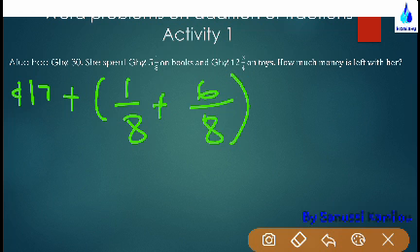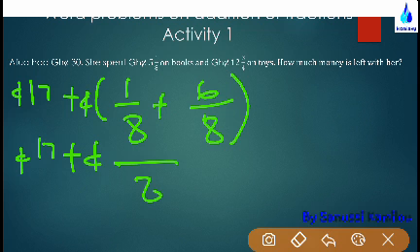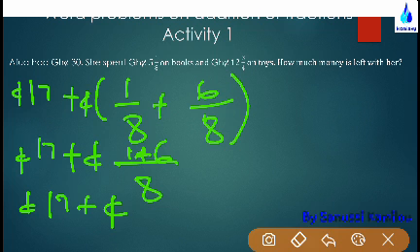So we'll continue with our fraction. 17 cedis plus, here we are having 8 and we'll add what's at the top. As you know, 1 plus 6. So now we are having 17 cedis plus 7 out of 8.